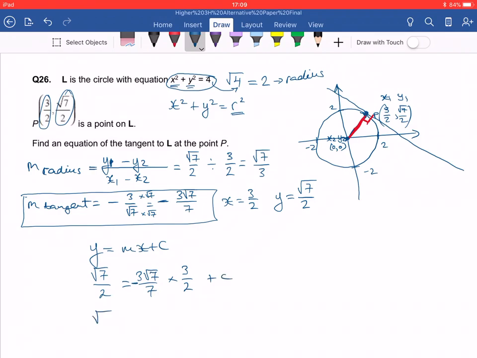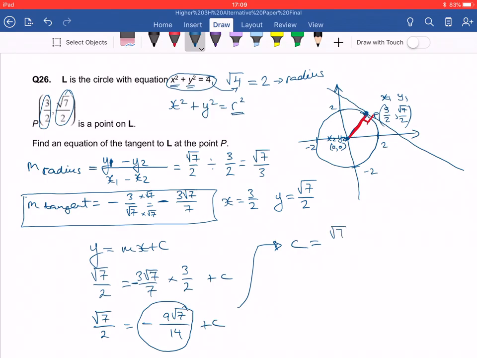Wondrous. I'm going to simplify this a little bit because I just want to show off my mental maths. Minus times plus is a minus. 3 root 7 times 3 is 9 root 7. 7 times 2 is 14, plus c. So now all I have to do to work out my c is add 9 root 7 over 14 to both sides, or take it to the other side, whatever method you use to solve an equation.